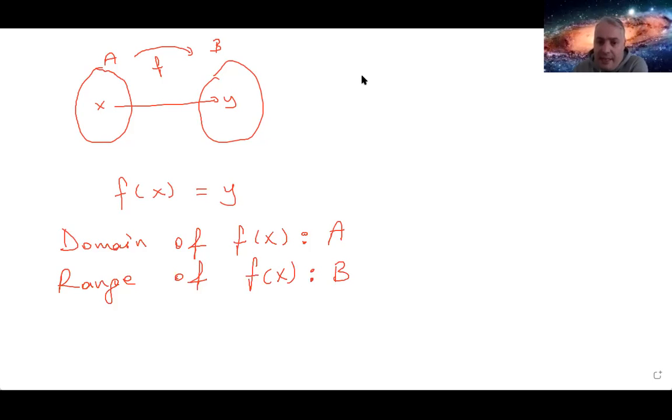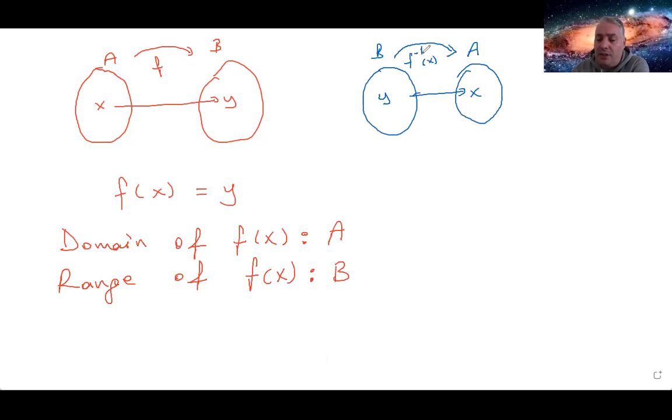No. Now, something I am defining based on A and B again, but now B is here, A is here. Now the function is from B to A. So in B it was y, so in A it was x. So I am saying that if this is f inverse of x, this is the notation.